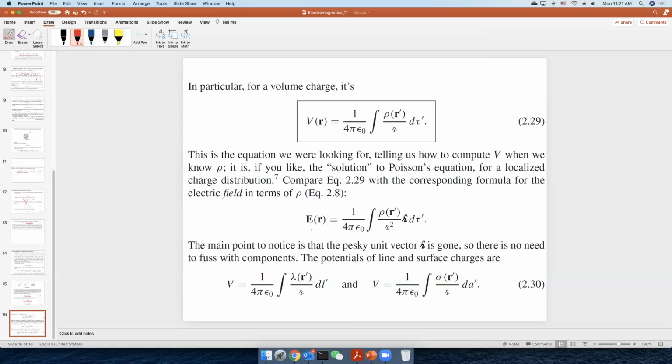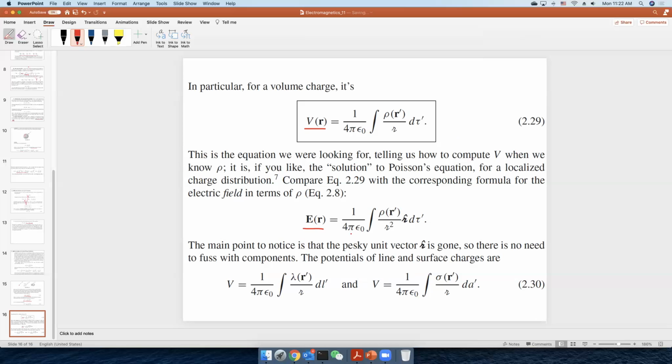Now if we compare, let's say, 2.29 and the equation of electric field, which we calculated before, it's 1/(4 pi epsilon 0) times rho over r squared, times the direction of r, d tau. If you compare these two equations, the electric field and the electric potential, they are very similar.